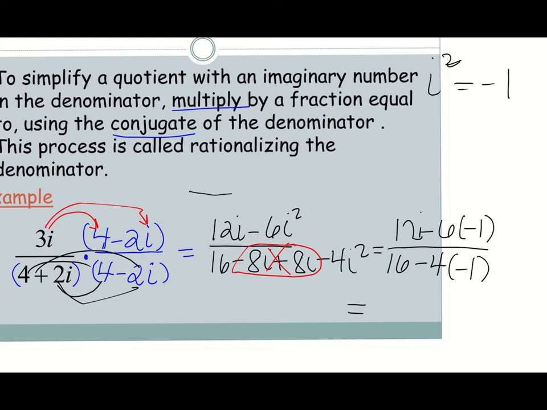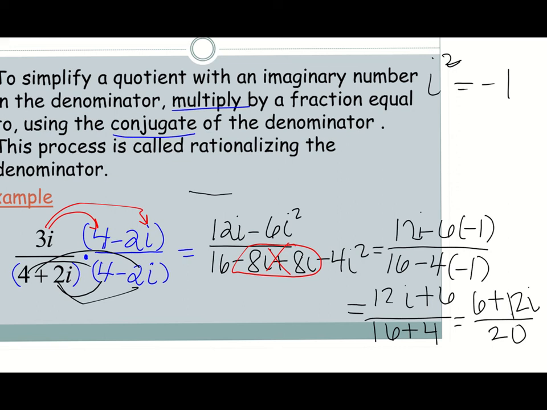So in my numerator, I have 12i plus 6, and in my denominator, I have 16 plus 4. Now remember, when I'm writing complex numbers, I always want to have my real number first. So I would have 6 plus 12i divided by 20.